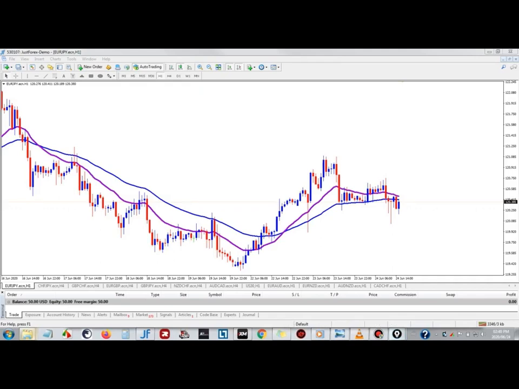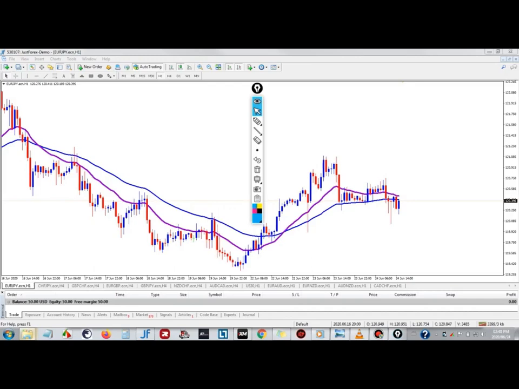For example, the slower moving average in this case is the 50 moving average, and the faster moving average is the 21 moving average. If we are on the 1 hour, the 50 moving average is calculated from the past 50 candles. If it's the 4 hours, it's calculating from the past 21 4-hour candles. I hope you understand what I mean.